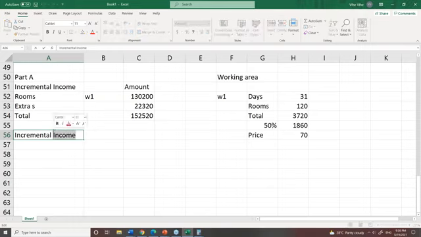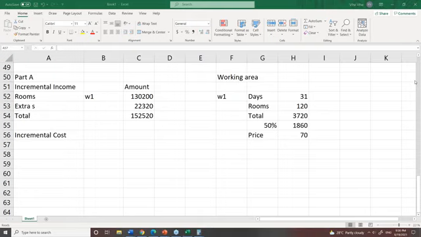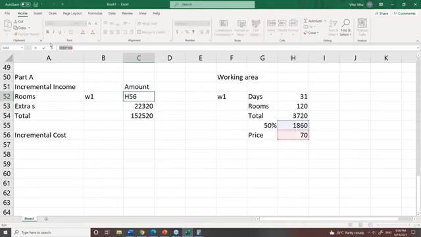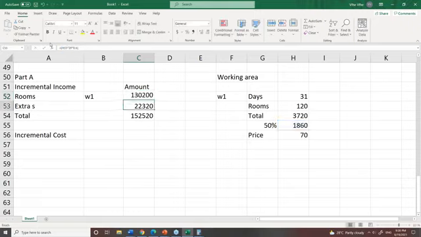Let's see the additional cost. $130,200 is the revenue from the rooms. Okay, you can see here 1860 is basically your occupancy, and 70 is the price per room. Okay, so incremental cost. Let's see what we have here.